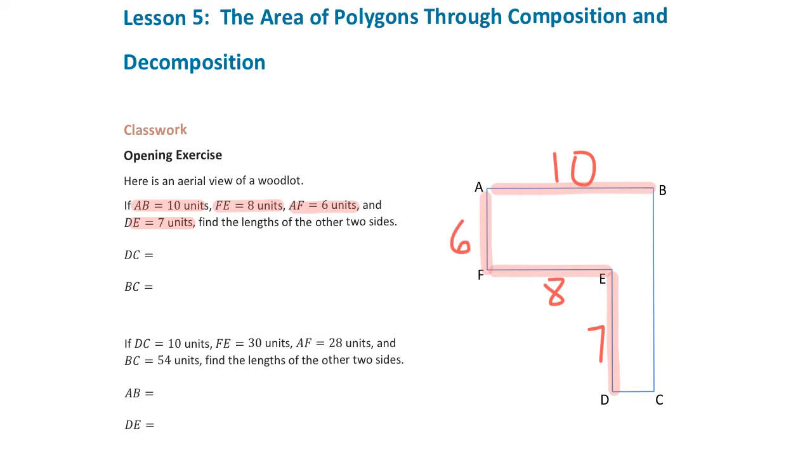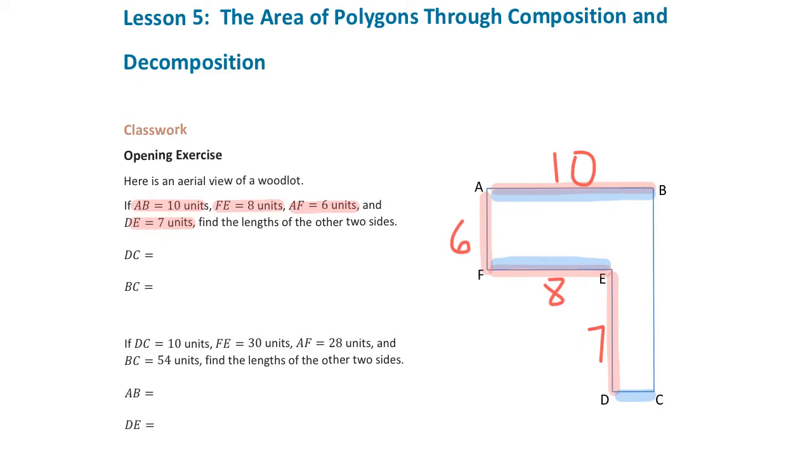And then it asks me to identify how long DC is. When I go to figure out how long DC is, I look for the other lines that go the same direction. This one right here was horizontal, and this one was horizontal.